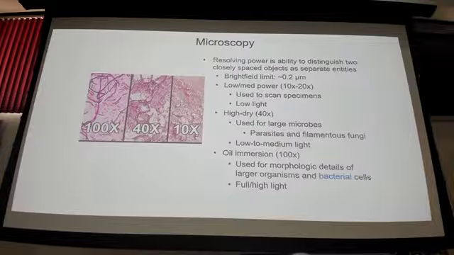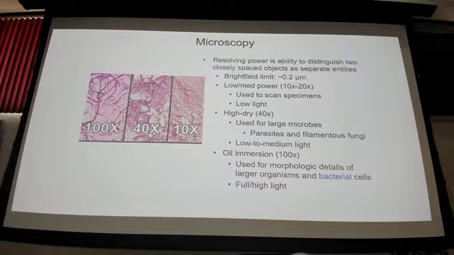Microscopy. I don't know if I put the other slide in. There's another slide that also shows the microscope itself and the fact that we have multiple objectives, and those objectives magnify the specimen to a certain power, but that's not total magnification. We also have what other lens contributing to total magnification?